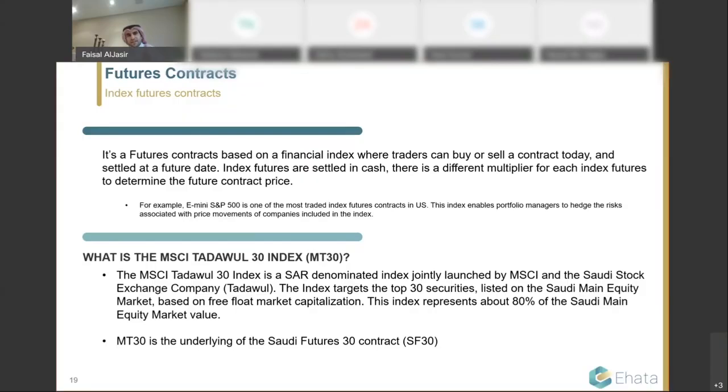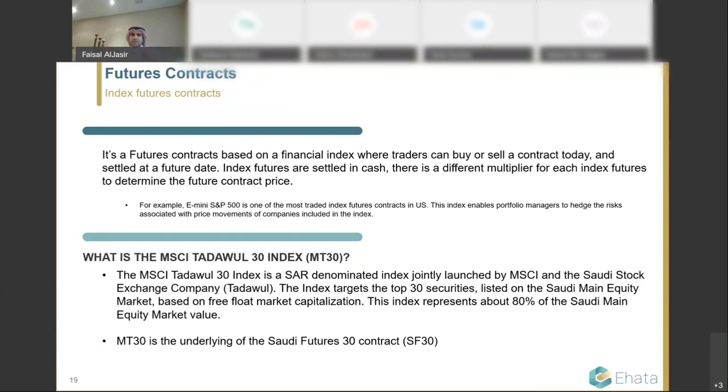One feature of the index future is the delivery factor. It is basically cash settled, and it sometimes has a different multiplier for each index future. You can look up one of the most famous ones, the E-mini S&P 500, one of the most traded index future contracts.